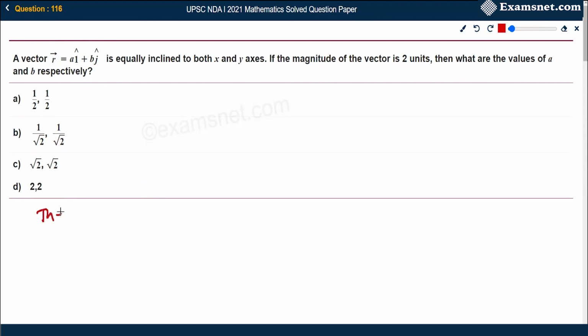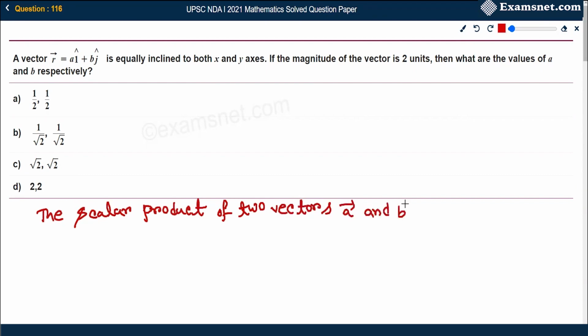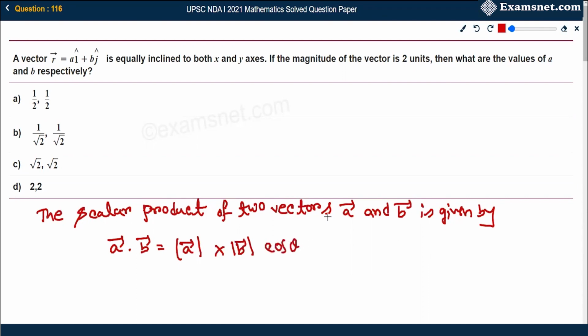So first of all, the scalar product of two vectors A and B is given by mod of A, mod of B, cos theta.